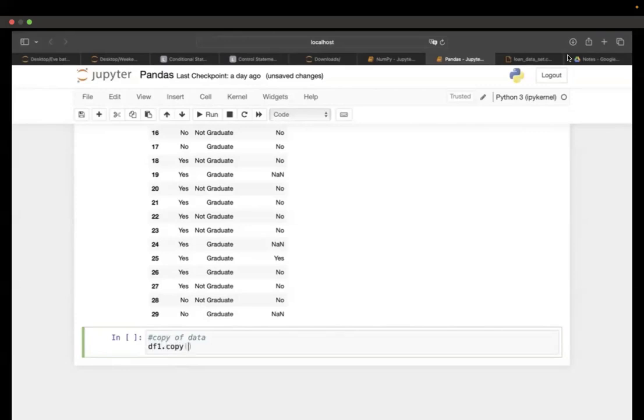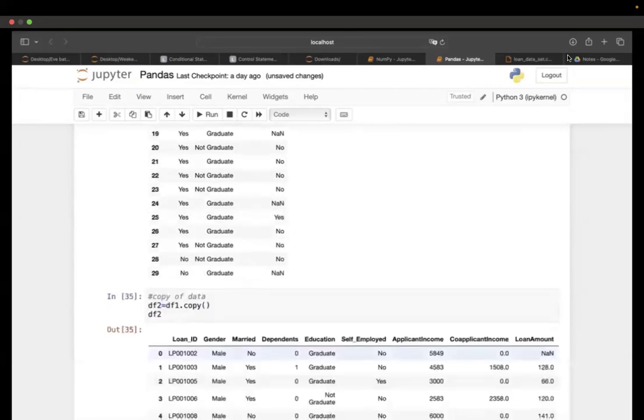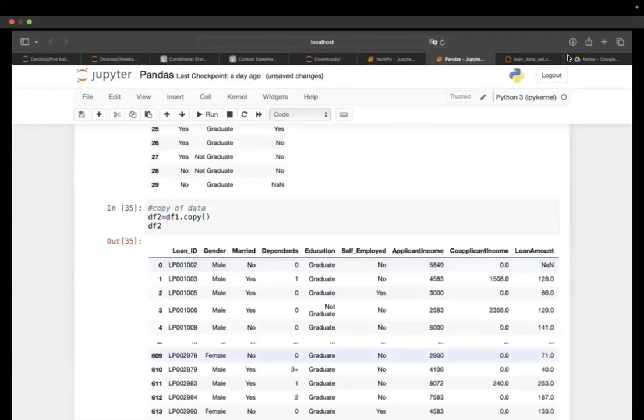If you remember, we have the dot copy method for every data type. So df1.copy() will create the copy of the data and I'm storing that in the df2 variable. If you check your df2 variable, it is going to look the same as your df1. That is how we can create a copy of the data as our backup plan if we accidentally do some manipulations which are not required, tampering the data, let's say.